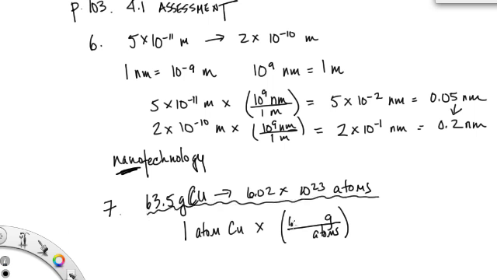We know that in 63.5 grams, there are 6.02 times 10 to the 23rd atoms. I had to squeeze that in and write 6.02 E23, like you'd see it in your calculator. And this problem becomes really 63.5 divided by 6.02 times 10 to the 23rd. And this is 1.05 times 10 to the minus 22nd grams.